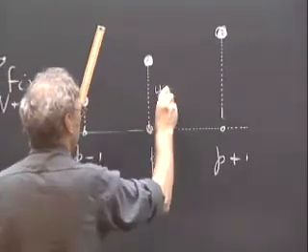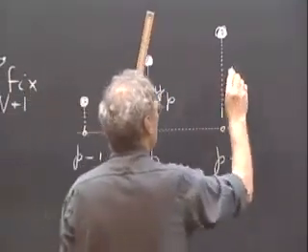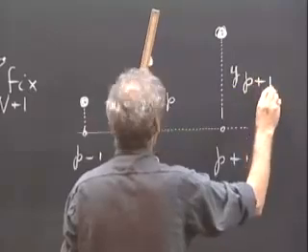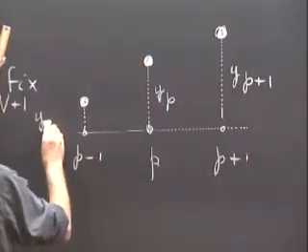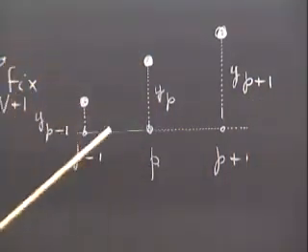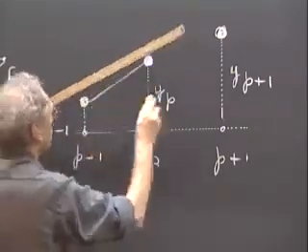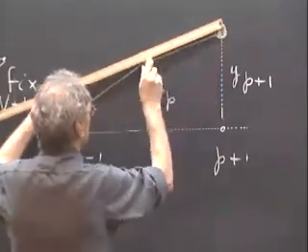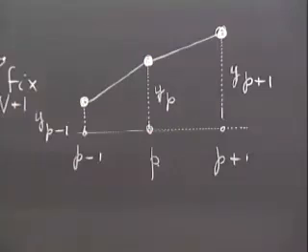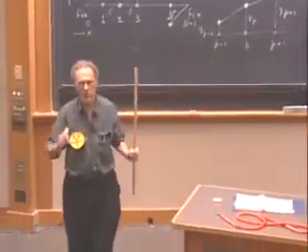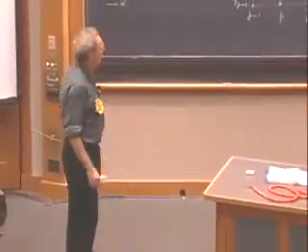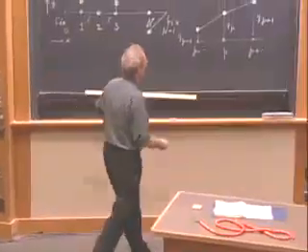So this vertical displacement is y_p, this is y_(p+1), and this then is y_(p-1). But the strings are just attached like this. And so the fact that the strings get longer, we will ignore that because they're small amplitudes, and so the tension will not change.